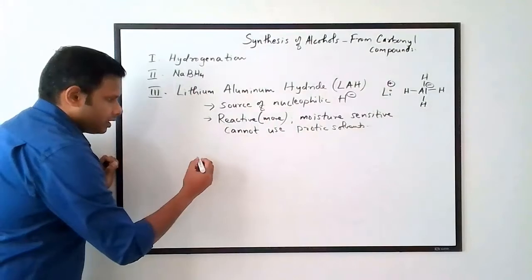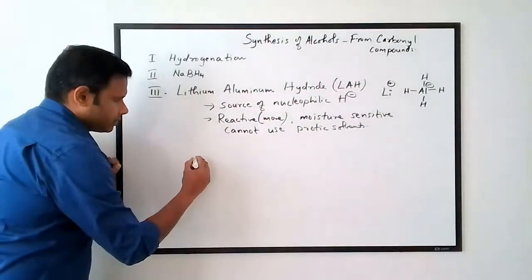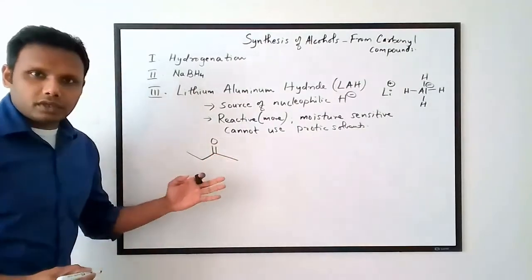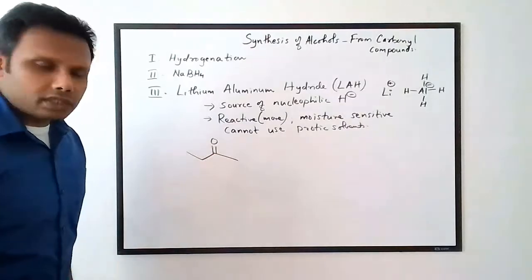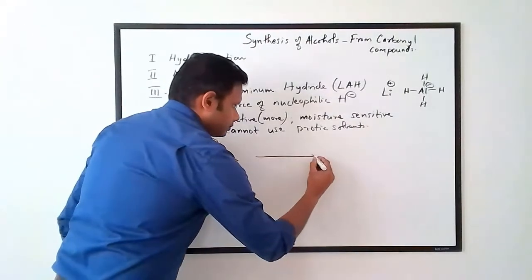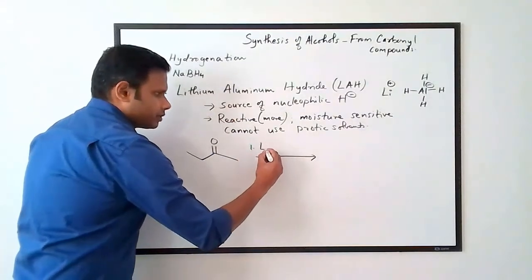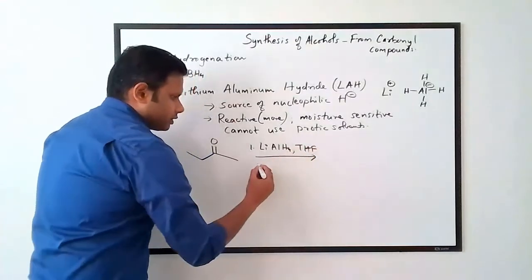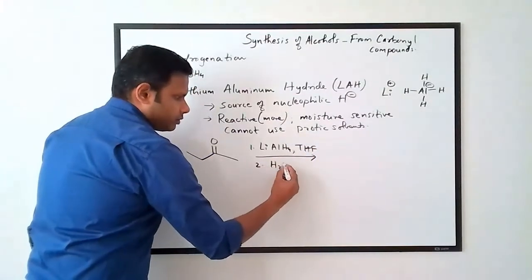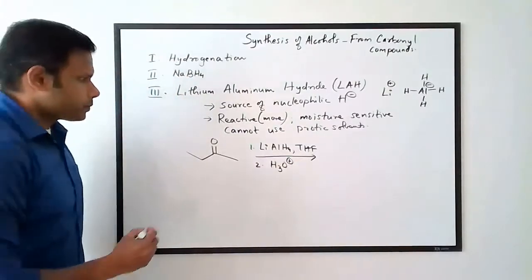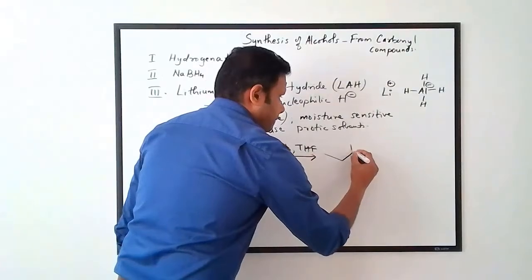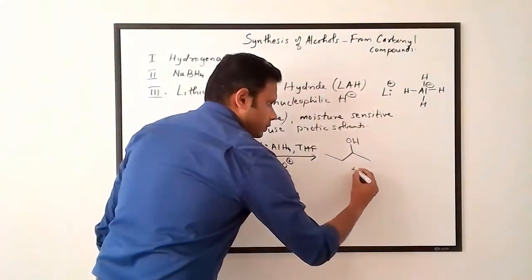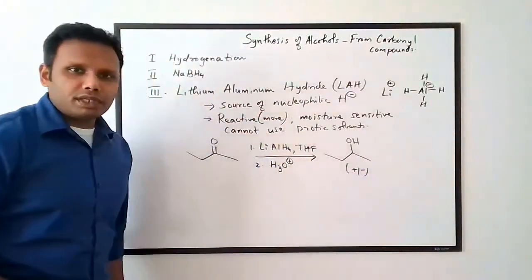If we have an asymmetric carbonyl compound, let's say a ketone, and we do the lithium aluminum hydride reaction on it, so lithium aluminum hydride in the presence of THF, followed by some acidic workup, we will get the alcohol product, but this alcohol product is going to be a racemic mixture, okay?